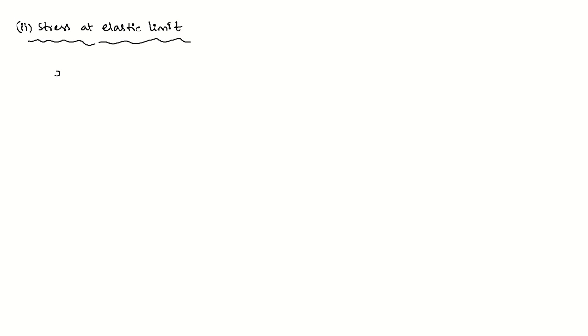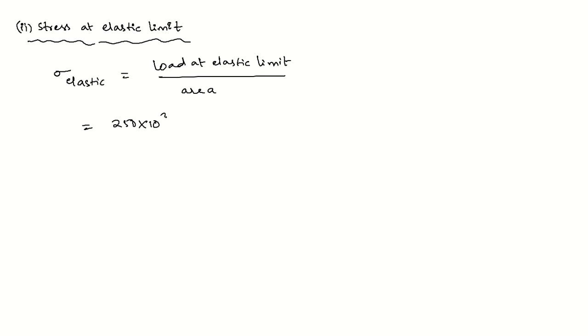So sigma elastic is equal to load at elastic limit divided by area. So finally, this is 250 into 10 power 3 by, what was the area we got? 7.06 into 10 power minus 4.